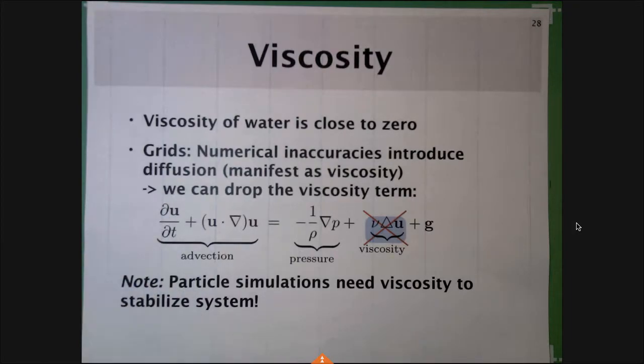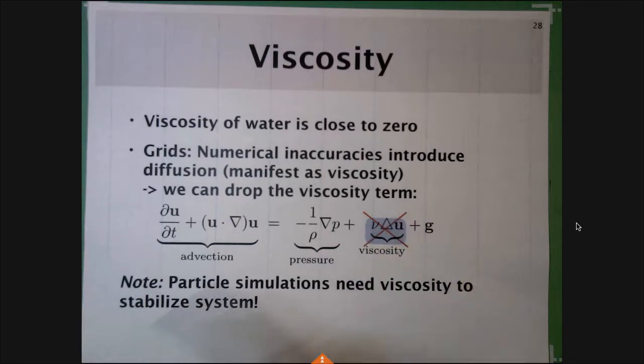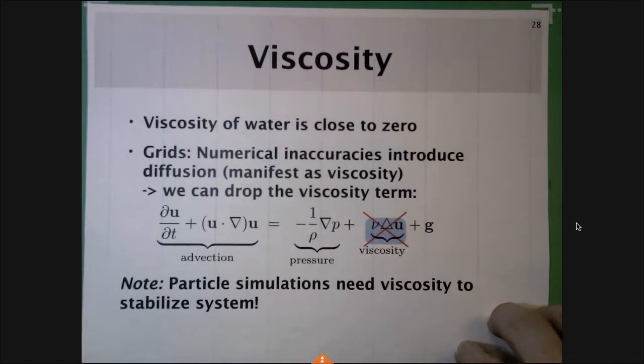Just like you have seen in implicit Euler time integration, we have some artificial numerical damping, which manifests in fluids as artificial viscosity. So if you just throw that away, that's okay. Now it's actually quite different in SPH or in particle simulations in general, where you need the viscosity to stabilize the system. But that will be the discussion for the next lecture.